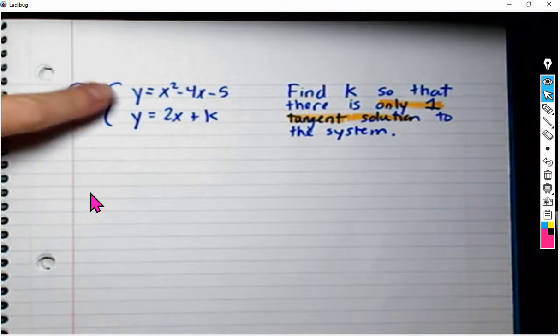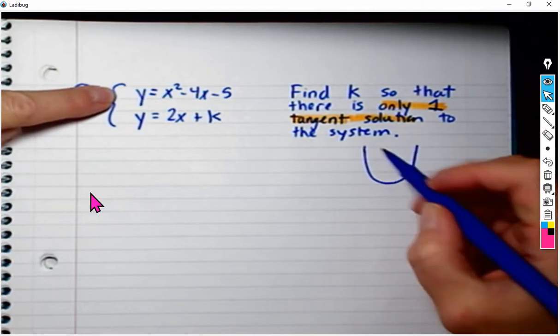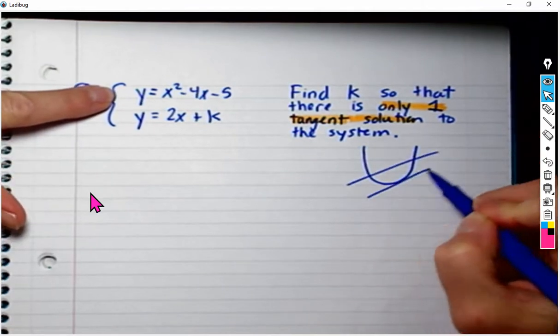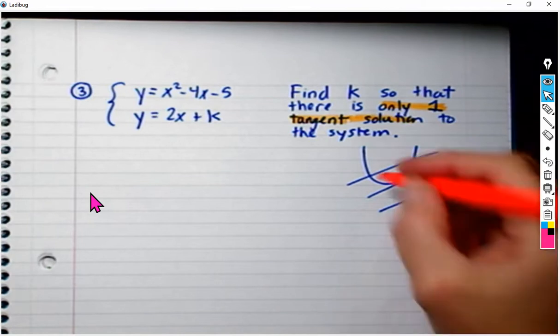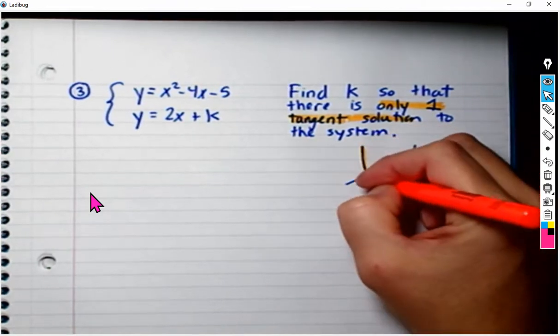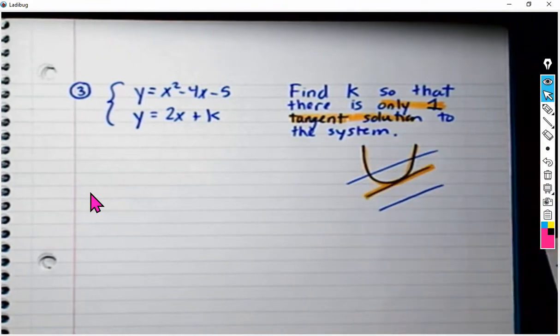I have a parabola that's concave up, and I have a positive sloped line. That means this is what I'm hoping to find. That's what I want. A concave up parabola and a positive sloped line.